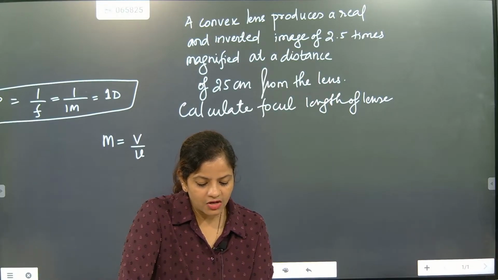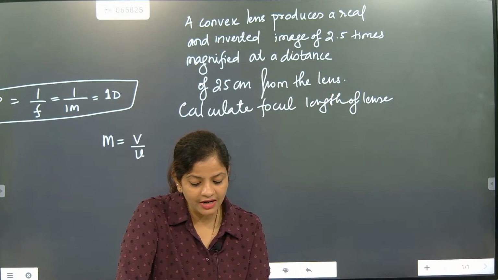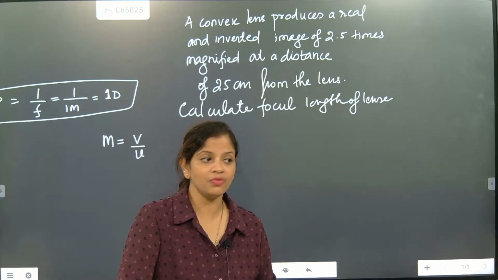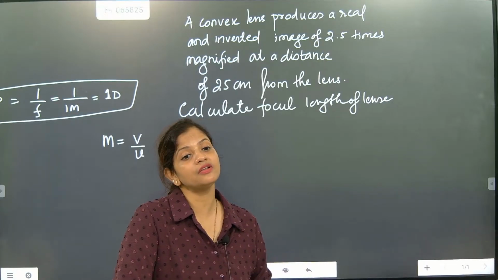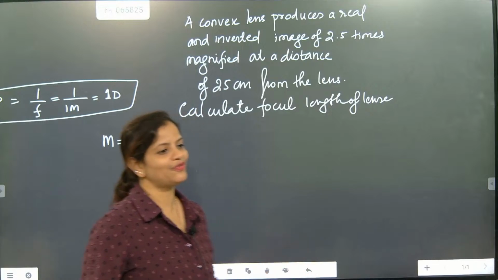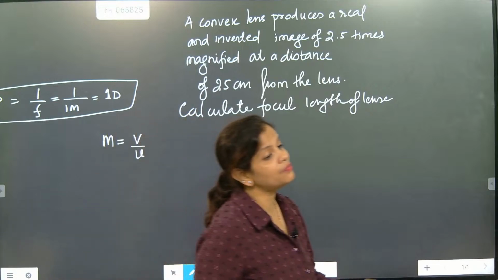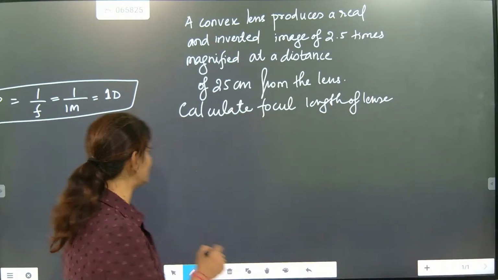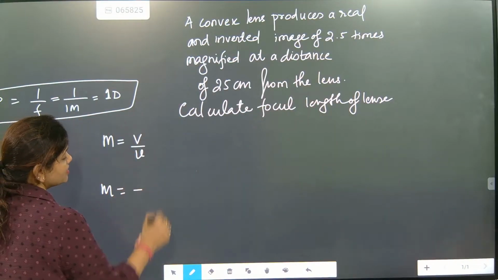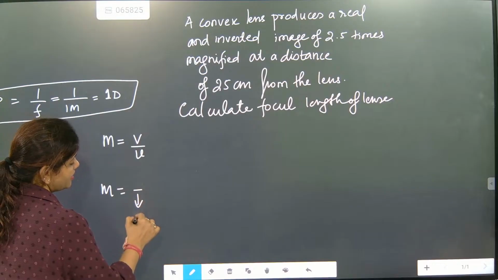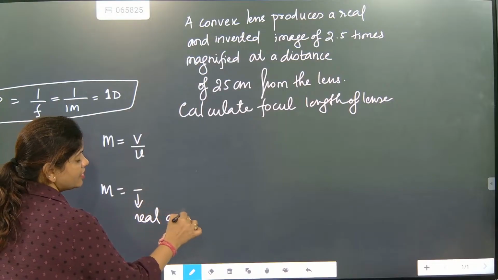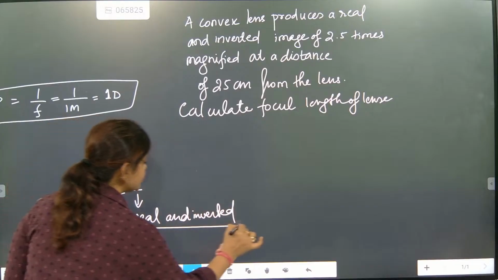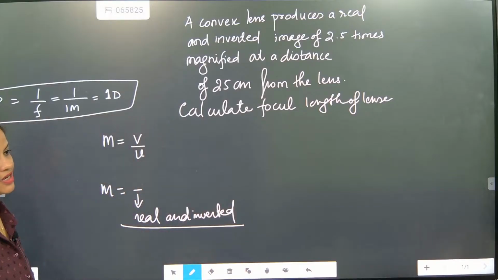So what magnification is given here? They are telling that the convex lens produces a real and inverted image. Real means magnification minus 2.5. You remember, real magnification written means minus 2.5. Inverted means it will become 2.5. I told you, whenever magnification is written, minus means it is real and inverted. From the beginning of the classes, if you see, I always give important information about magnification.